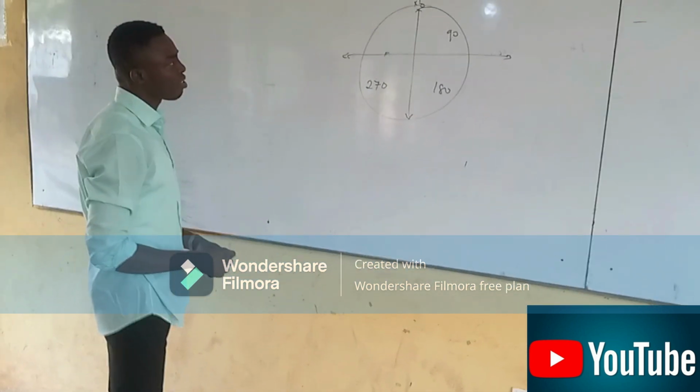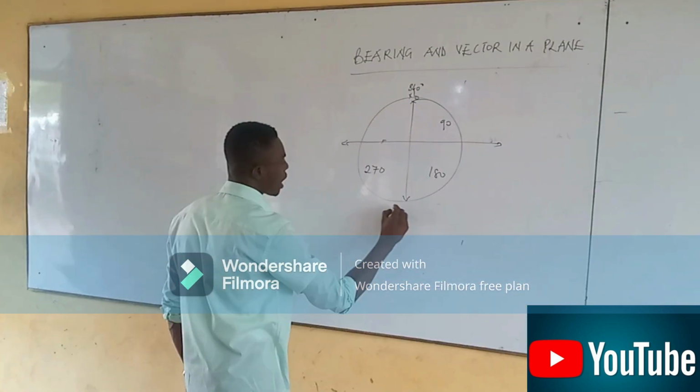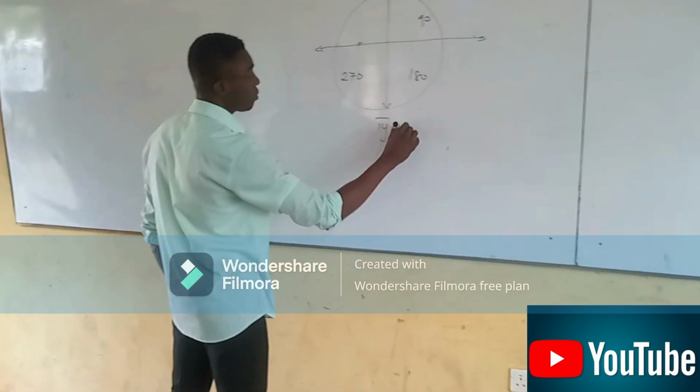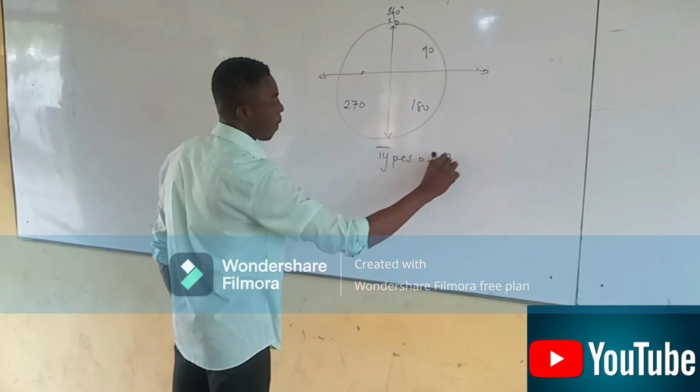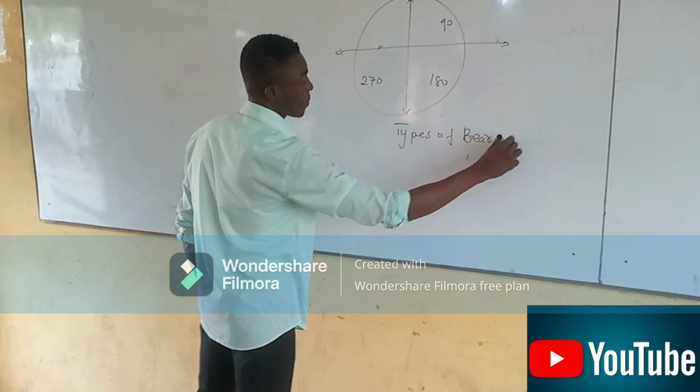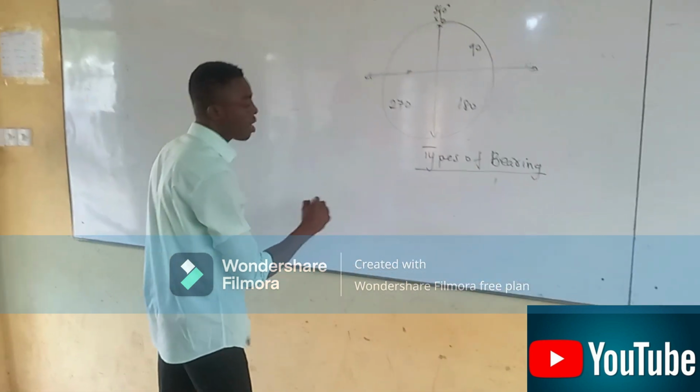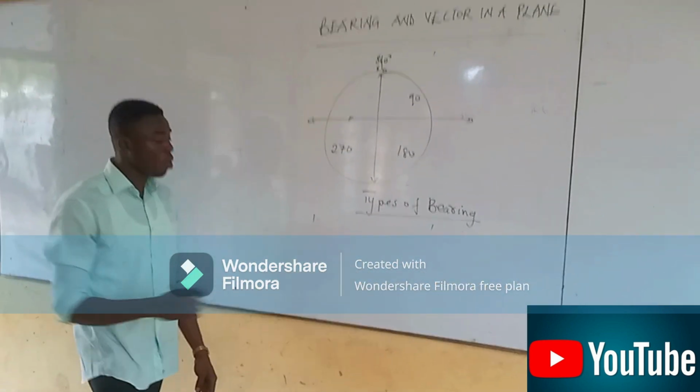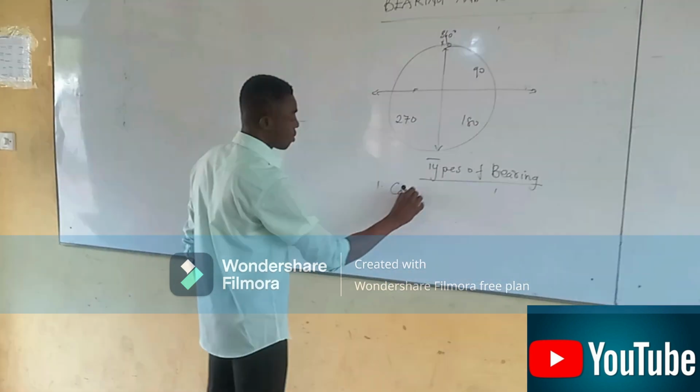But we have two types of bearing. So the types of bearing, we have the first one to be the compass bearing.